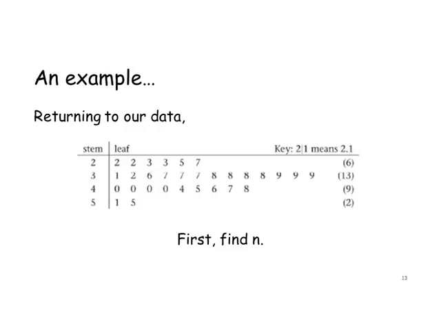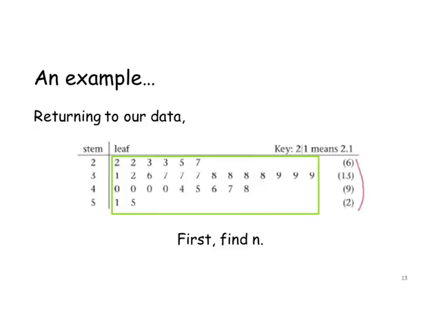Very helpfully, in this stem and leaf diagram, we have numbers in brackets. They have counted how many data values are in each row, because every one of these numbers on the right stands for one piece of data.